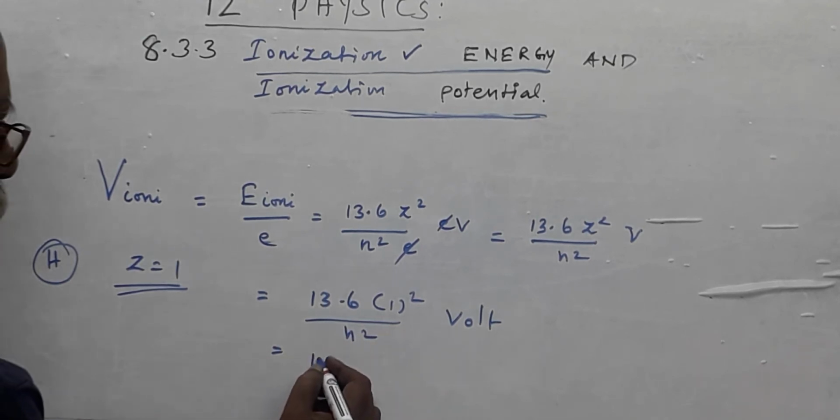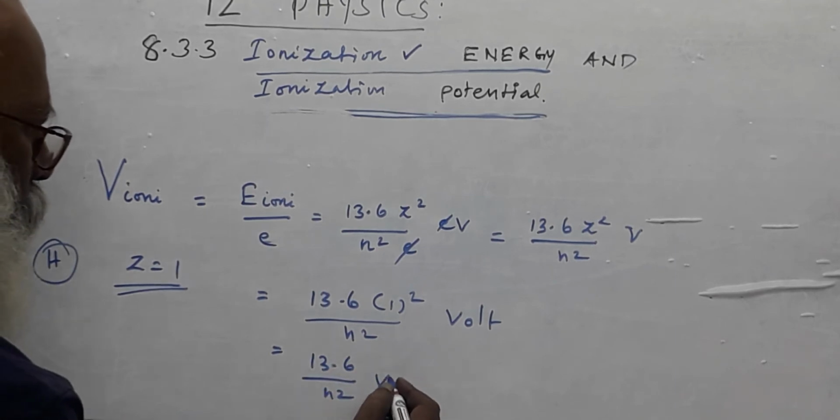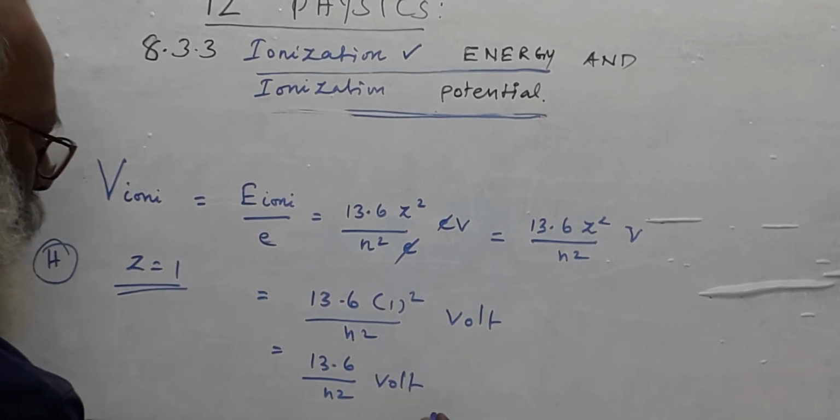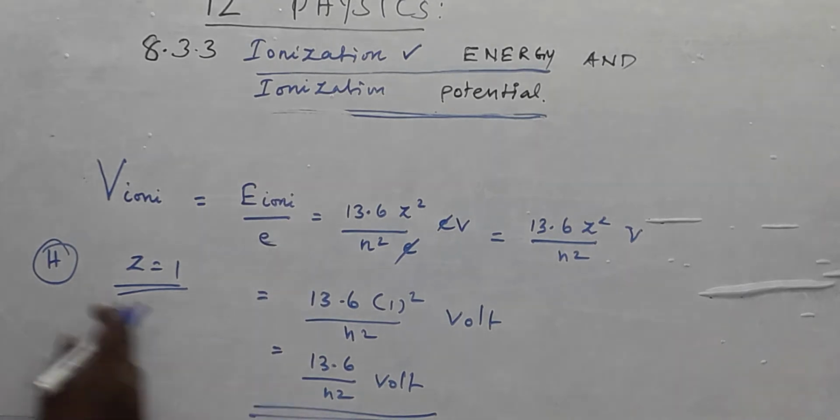Therefore, plus 13.6 by n square volt. This is called ionization potential for the hydrogen atom.